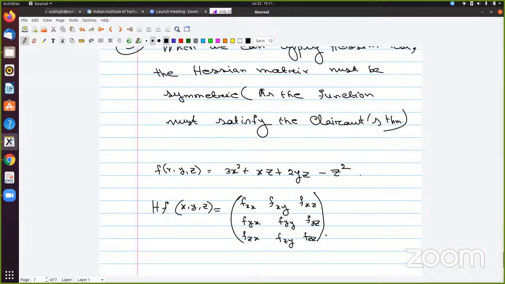Now if all the partial derivatives are continuous, Clairaut's theorem will be satisfied. That means these two will be equal, this and this will be equal, and these two will be equal. So again, as we have seen, the Hessian matrix will be symmetric.